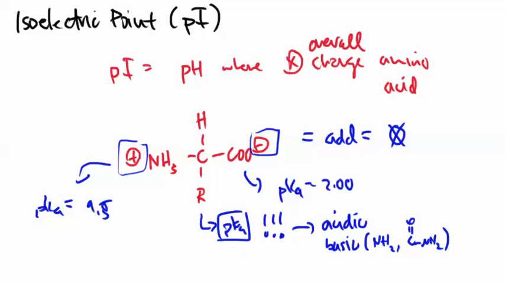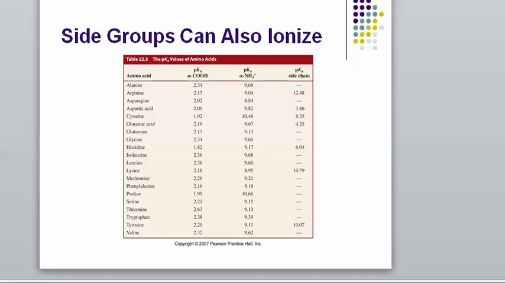So what does this table look like? Well, you can find that in the PowerPoint. The table is there. You can also find it in your textbook, like I mentioned just a few seconds ago. So this is what the table will begin to look like. They have listed all of the amino acids here on the left, and then they've given you a column with the actual pKa values for the COOH groups. Notice they all kind of target around 2, so some of them are a little bit above and some of them are a little bit below, but that's our average that we like to use.